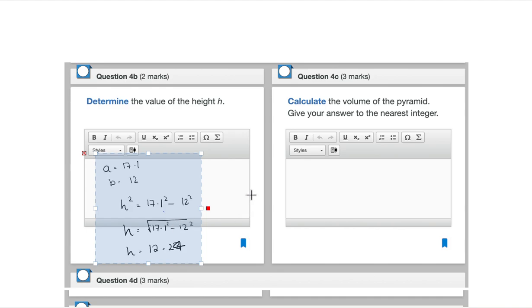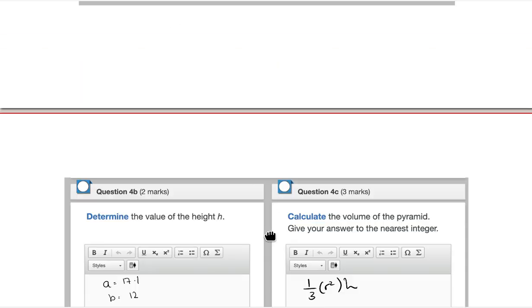Calculate the volume of the pyramid. Give your answer to the nearest integer. The volume of a pyramid is given by the formula 1 over 3 multiplied by base multiplied by height. In fact, 1 over 3 r squared h, where r is supposed to be the radius. So we get 1 over 3 multiplied by the radius.